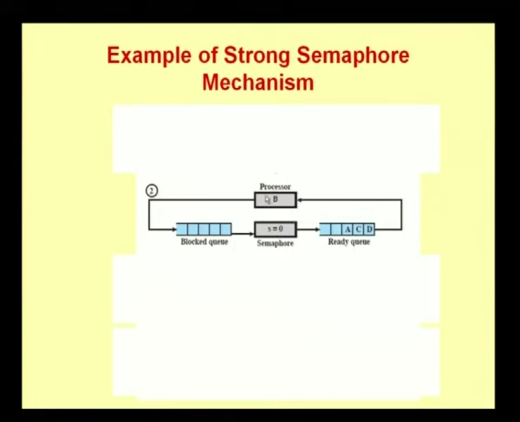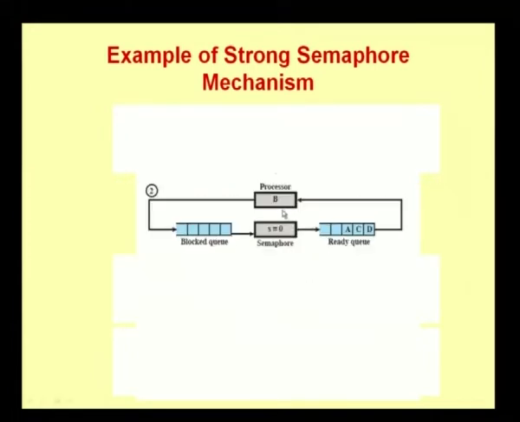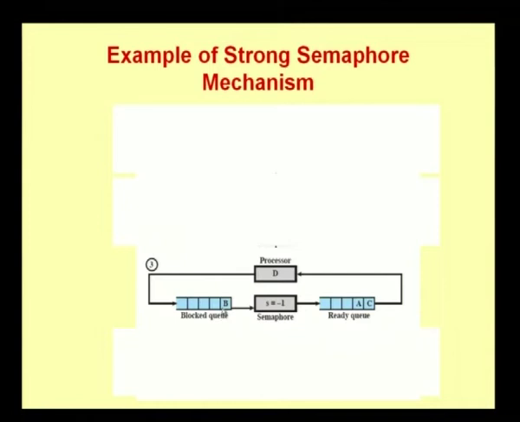So B is waiting for the output to be produced by D. If and only if D produces the output, B can execute its process. So B will be put on the blocked queue. B goes into the blocked queue and it waits.